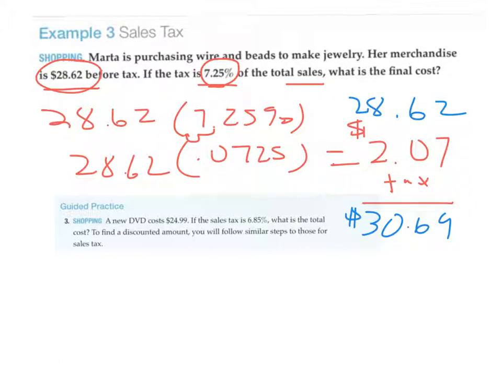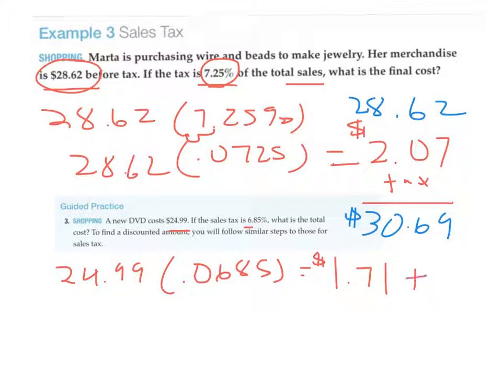So let's try this next problem. So we have a DVD that costs $24.99, plus tax. So we have to first take our $24.99 and multiply it by our tax. And I'm going to go ahead and change it into a decimal, so it's easier to do with my calculator. So 24.99 times 0.0685 gives me $1.71 tax.